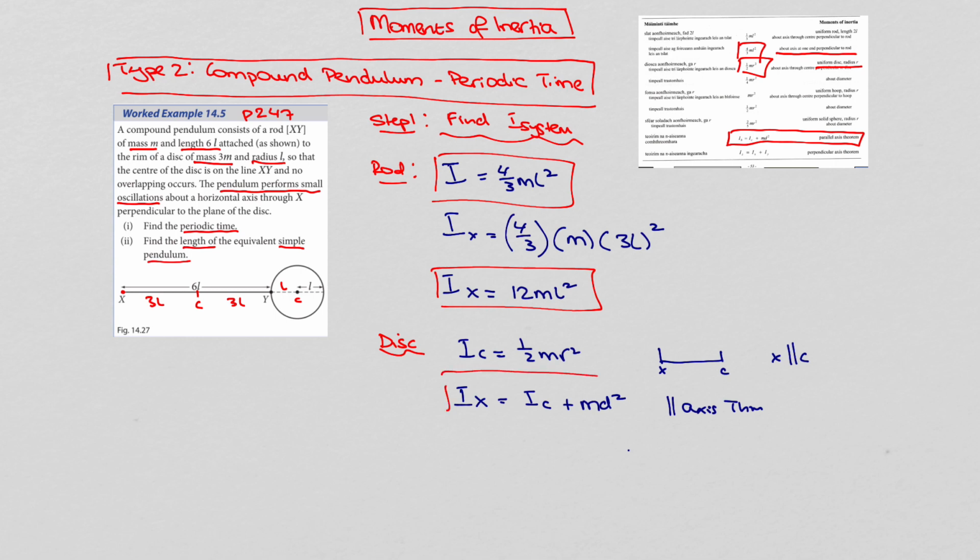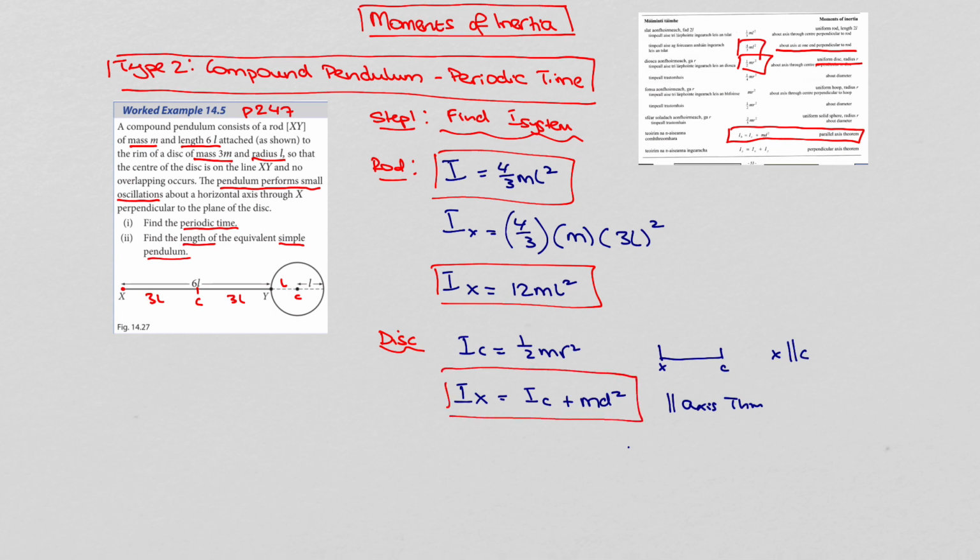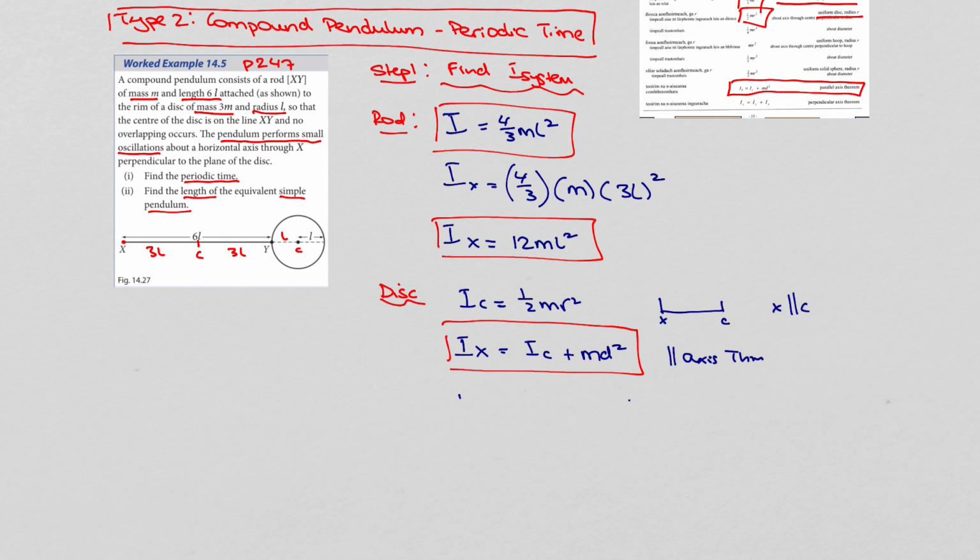So I'm going to do this all in one go. You can, of course, work them out separately. So I'm going to sub in, but we have to be careful here now. Moment of inertia through C is a half m. The mass of the disc is 3m. The radius of the disc is L. And then plus m, so that's 3m. And the distance D is from C all the way down to X. So if I mark that in on my diagram, that's going to be 6L plus L, which is 7L, and 7L squared.